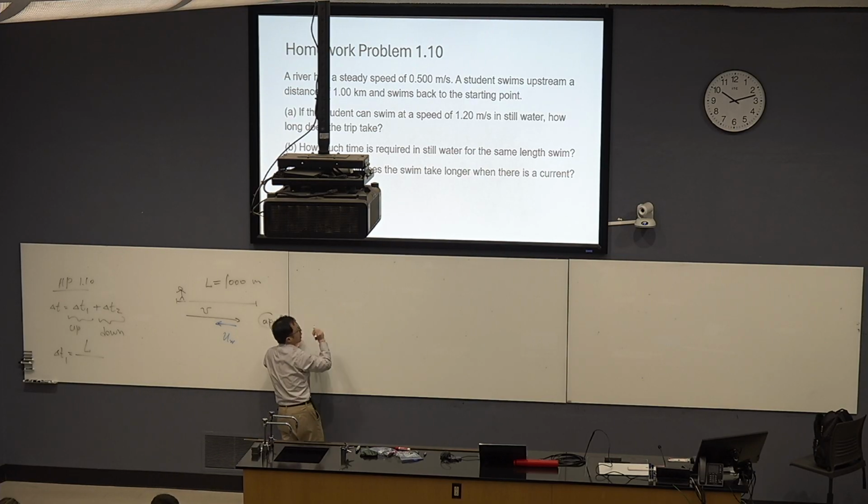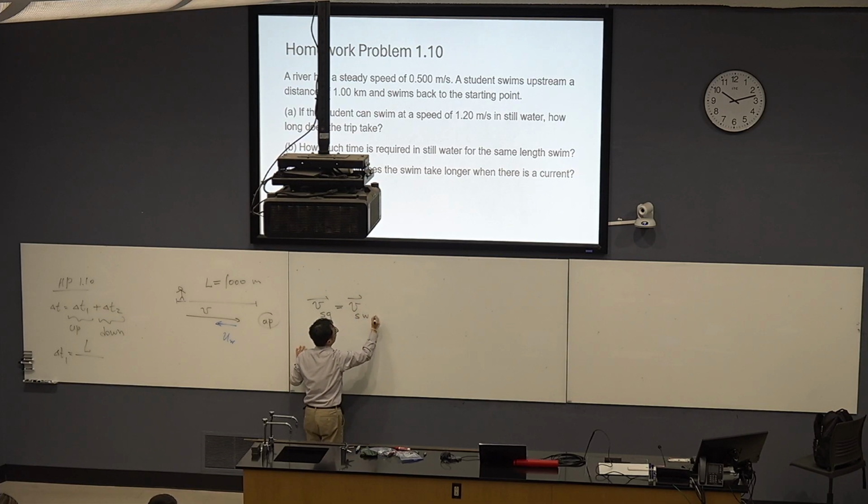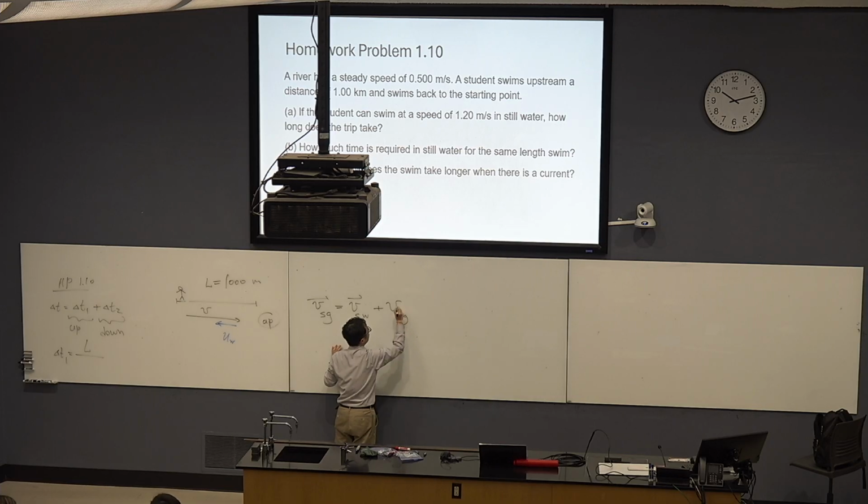So what we should consider is an equation like this. Velocity of the student with respect to ground should be equal to the velocity of the student with respect to water, plus the velocity of the water with respect to ground. Okay? And this quantity here is the quantity we call V here.